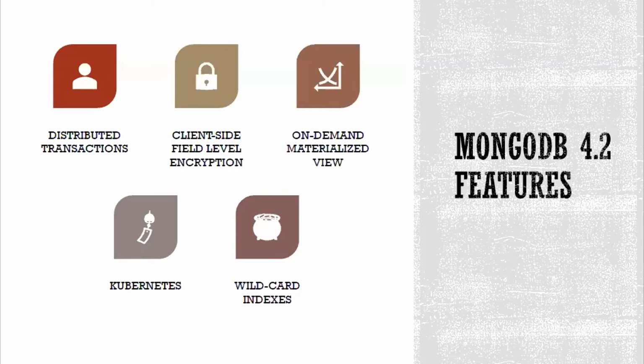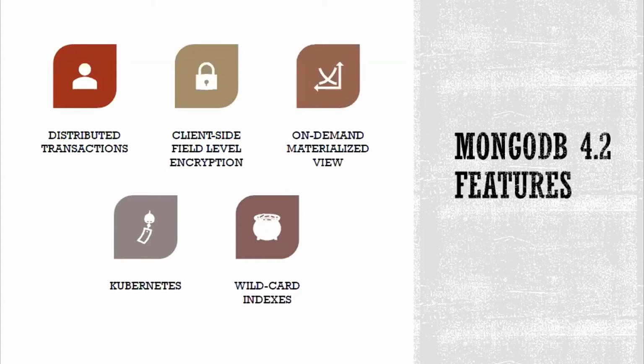The multi-document ACID transactions feature provides a consistent view of data across the replica sets and enforces execution to maintain data integrity. 4.2 extends this multi-document ACID guarantee to sharded clusters, giving an easy way to address a complete range of use cases by enforcing transactional guarantees across high-scale global applications. So as told, ACID transactions were a big strength, and in 4.0 and 4.2, it takes on a more advanced state.